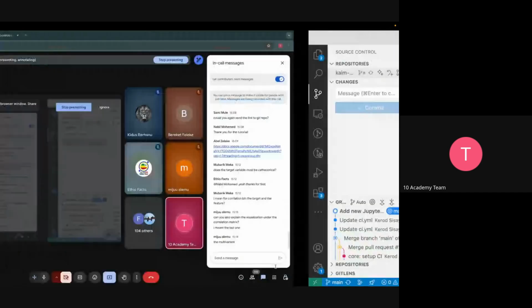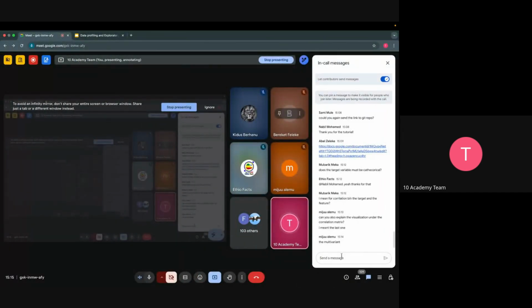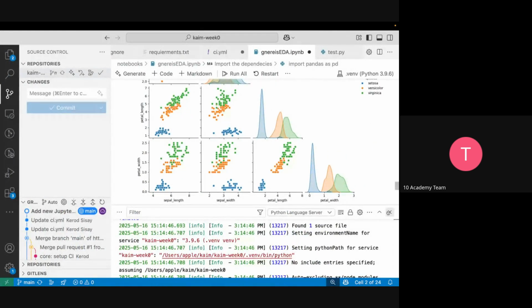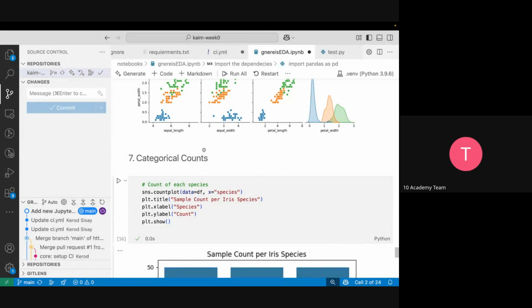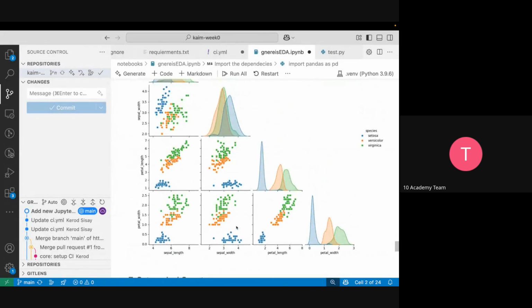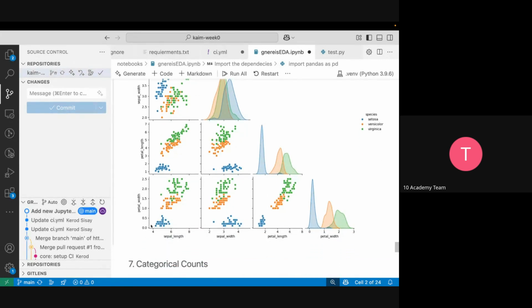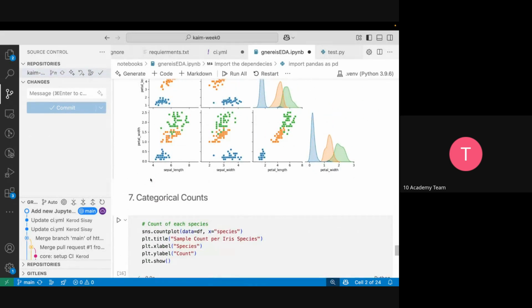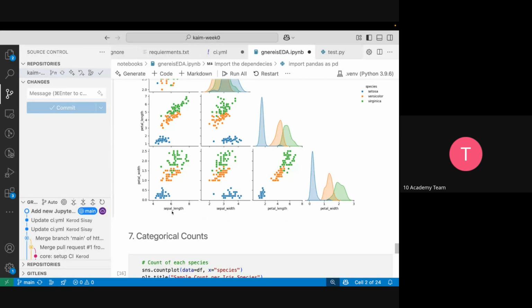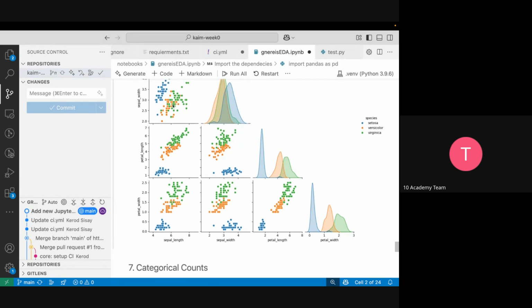Okay, I will share my GitHub link inside the slides and share the slides right after the session is over. For the multivariate, you can see, for example, how the petal width relates with the sepal lengths, the sepal widths and the petal lengths, and how the sepal length is related with the petal length and the sepal width.